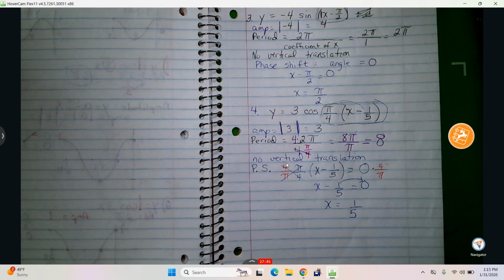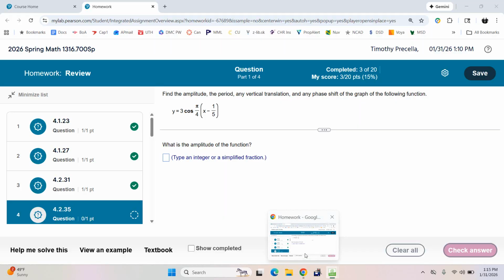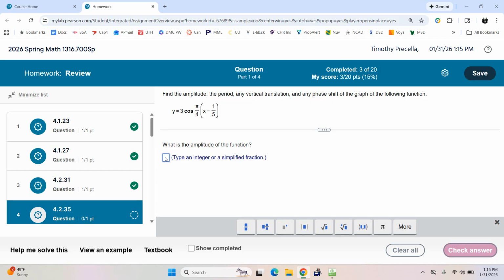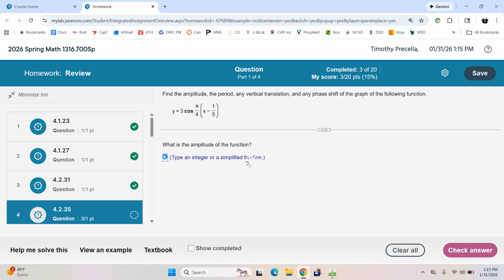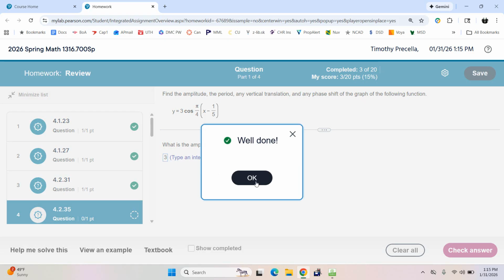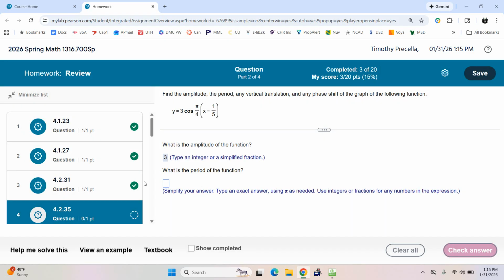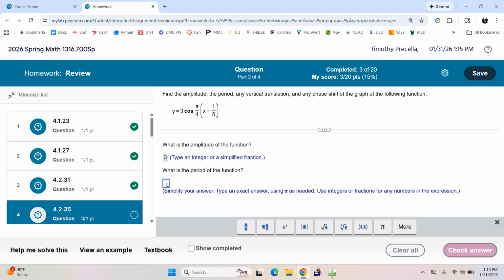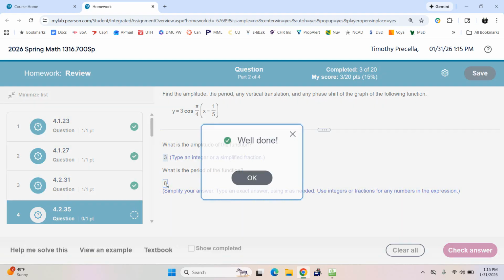Now, let's type in these answers. There. What are we going to type in for amplitude? The amplitude is 3. The period looks sort of strange because there's no pi in it, isn't it? 8.